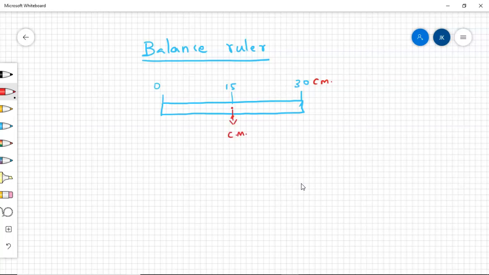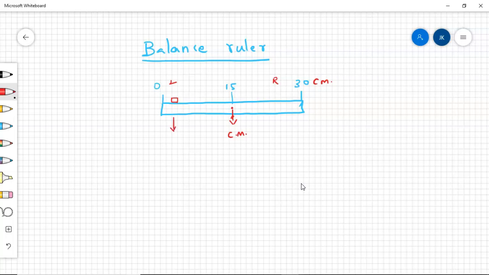So the ruler is balanced. We found it. Now I want to test the earlier concept, that the center of mass moves towards the more mass region. So how can I find out? You place a small coin at the left side of your finger. Now what happens?